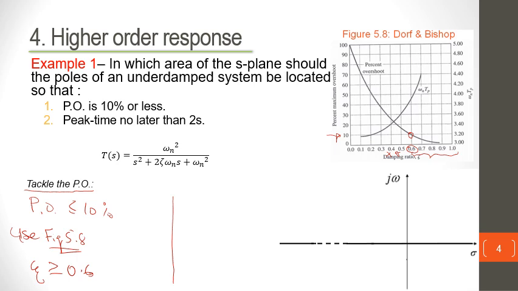So we've established that the angle here on the complex plane, this angle theta, is determined by the cosine inverse of the damping factor. So we can calculate this angle, in this case cos inverse of 0.6. We find that the value is around 53.1 degrees.